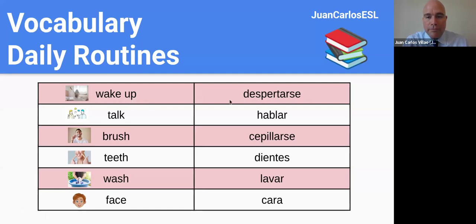Wake up. Despertarse. Talk. Hablar. Brush. Cepillarse. Teeth. Dientes. Wash. Lavar. Face.